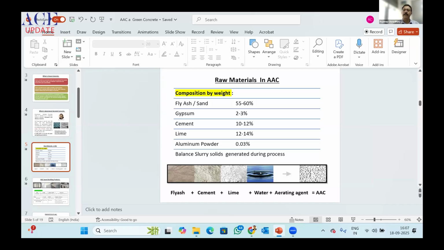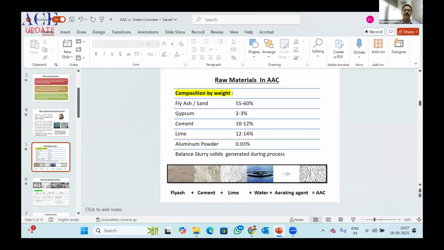Whatever was generated in thermal power stations, they would dump it, make slurry, and fill ponds. There was no prime use of the material. So we tried, it is now tried and tested, and it's now standard. In 90% of places, fly ash is now utilized in manufacturing AAC.